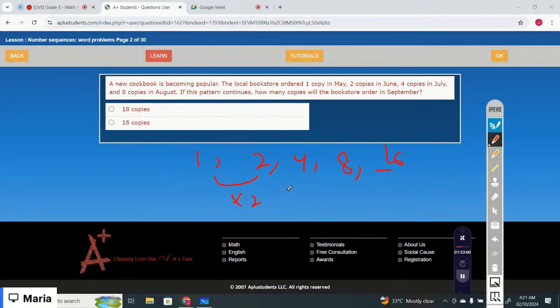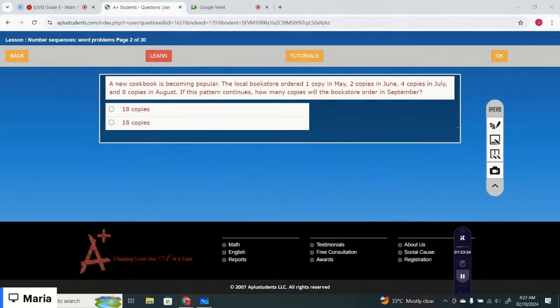How? 1 times 2 is 2, 2 times 2 is 4, 4 times 2 is 8, and 8 times 2 is 16. So the correct option is 16 copies.